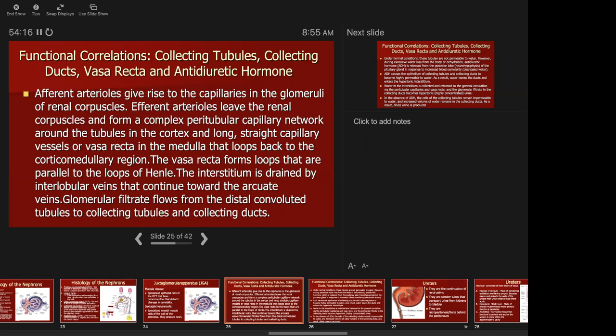Whatever function is taking place there is a reflection of the type of cell found there. For instance, where you have simple squamous, you know absorption will be much easier because the wall of the cell is very thin. But when we have a simple columnar epithelium, absorption can be a bit harder, but it can take place through different mechanisms. Okay, any question so far?